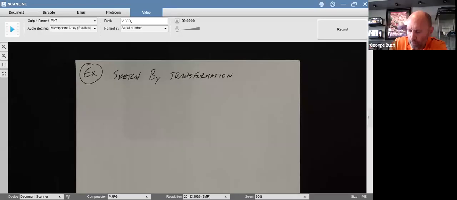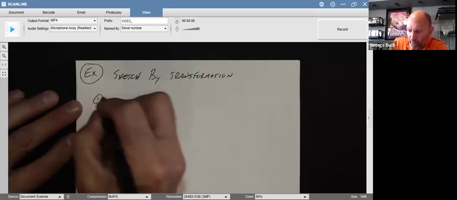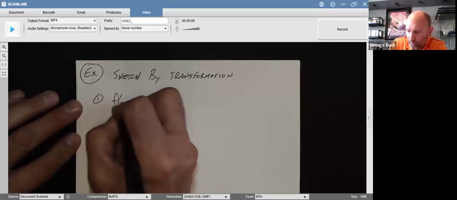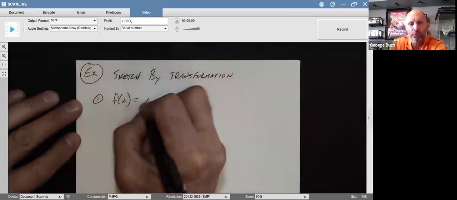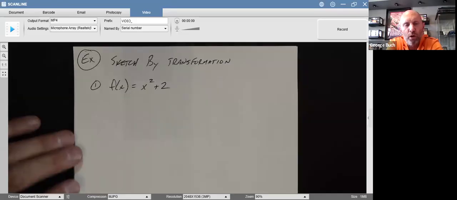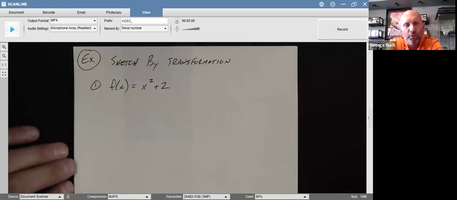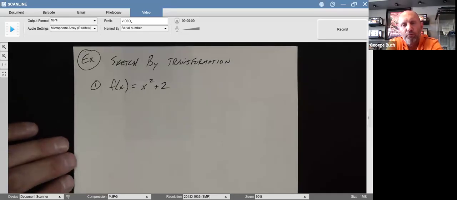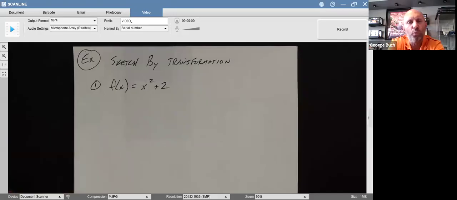So the first one, we have f of x is equal to x squared plus 2. So our parent function is what? X squared, it's the parabola. And now we have to figure out which way the transformation is going. If you're in my class, the solution process guide will give you tips and hints on this.